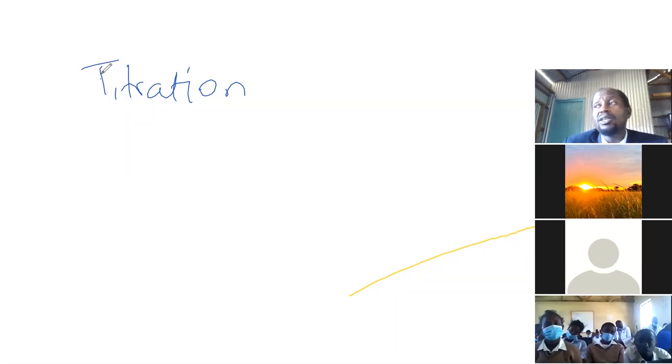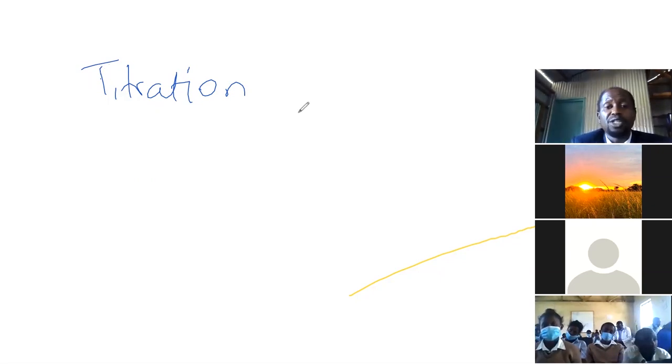And very importantly, where indicators are to be used, be keen not to forget to use the indicator. Because again, you will end up performing a titration that will not have an end point. So that said, after you perform the titration, you will meet the titration table.